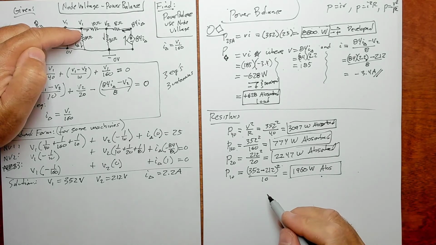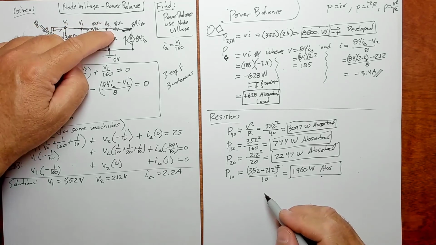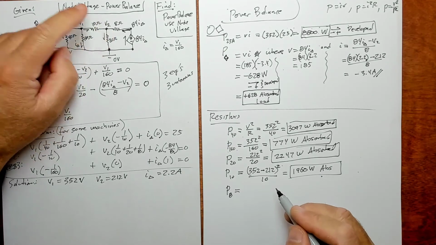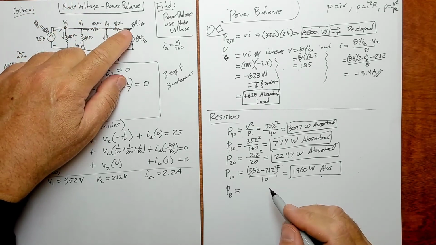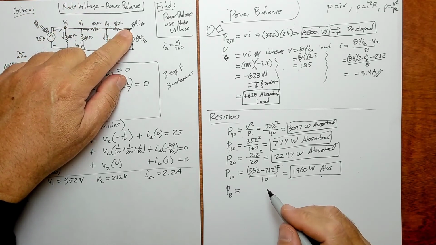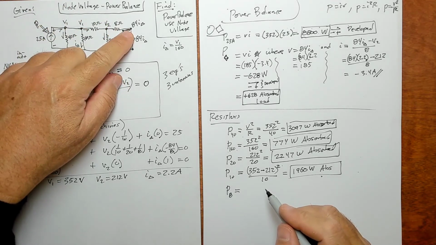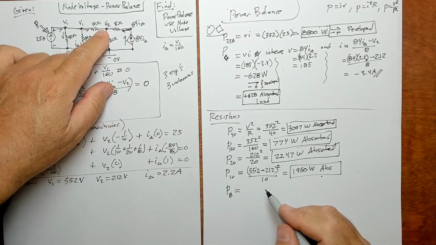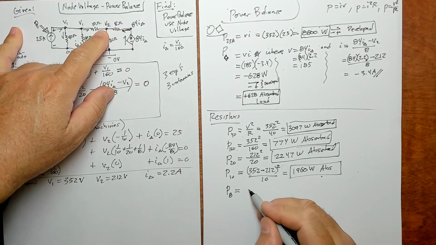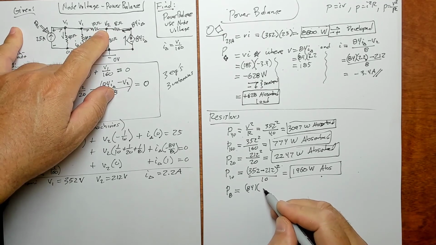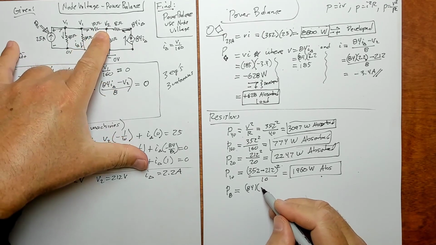The last one is the 8 ohm. That's the hardest one, the power in the 8 ohm. So let's use 84 minus I delta times... it's going to be 84 minus I delta, and I delta is 2.2.